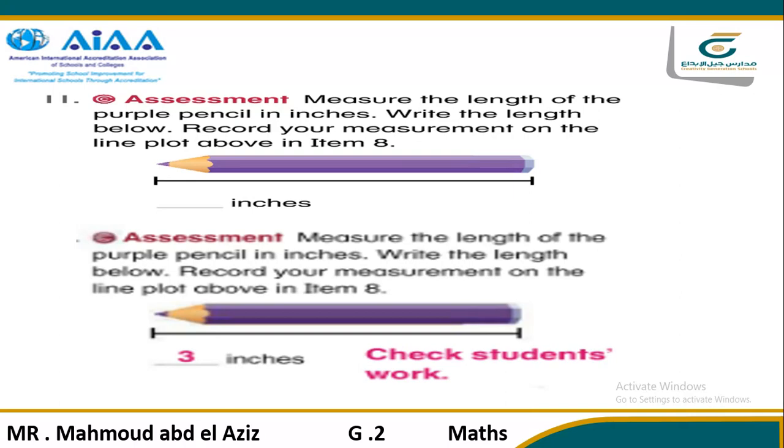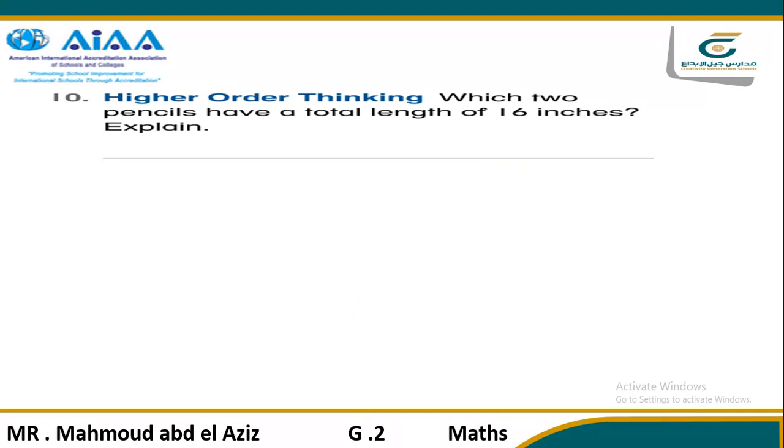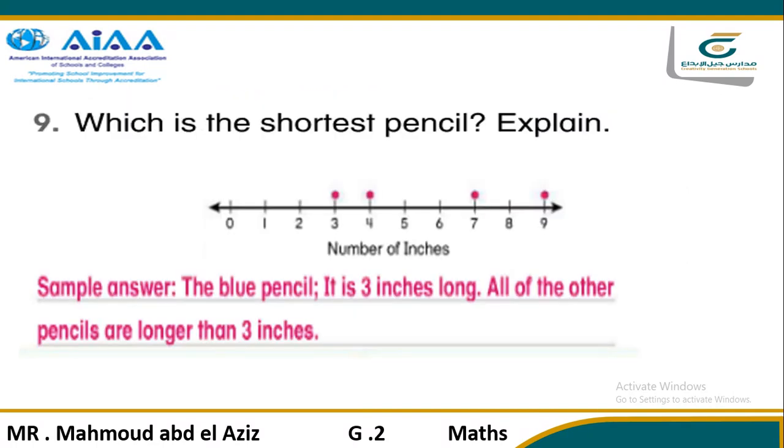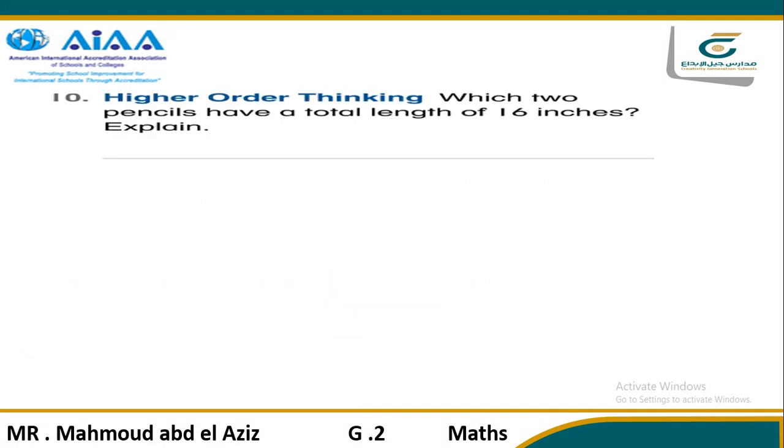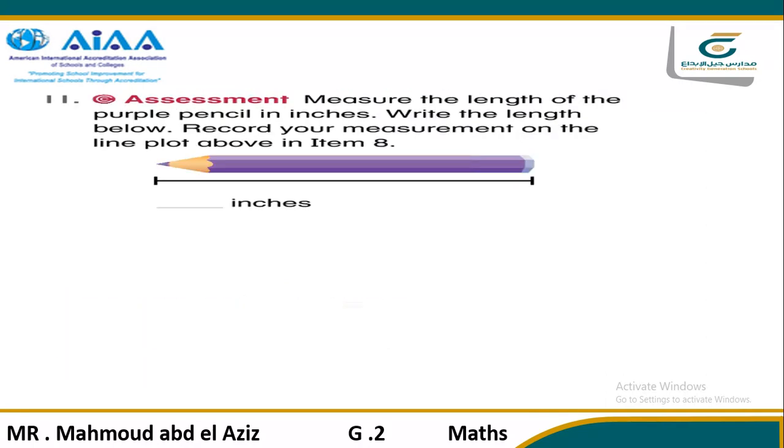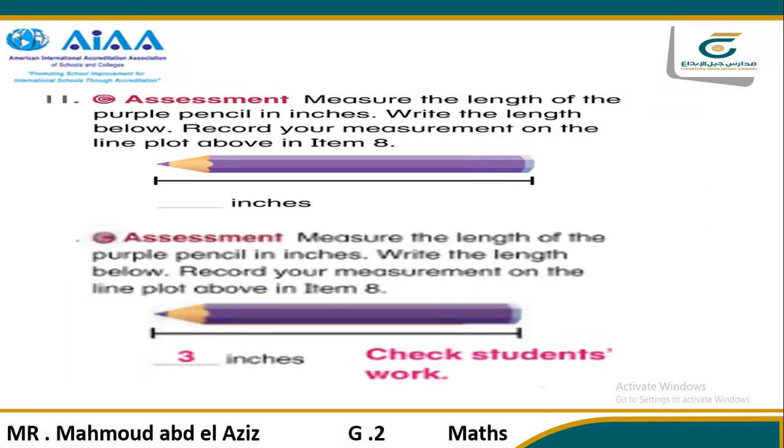And if you want to record your measurement on the line plot in item 8, this one, so you will put what? Do you remember the number here? It equals 3. So you will put 3 on this number line, not side by side, but above it.